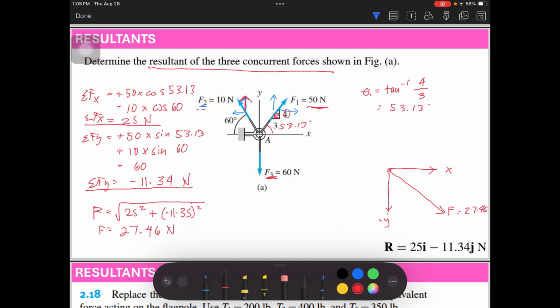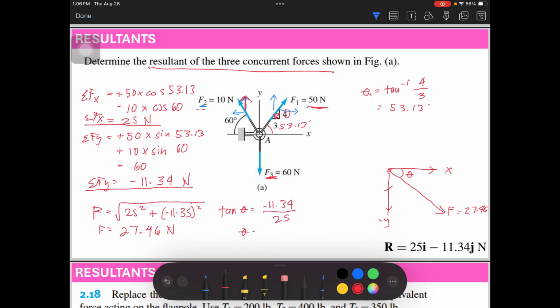Okay, and then, ano ang angle niya? Its angle, syempre, si tangent. Theta is equal to what's the opposite? Syempre, ito yung theta mo. Opposite is yung vertical. What is our summation of y? Negative 11.34 over ang x natin na 25.